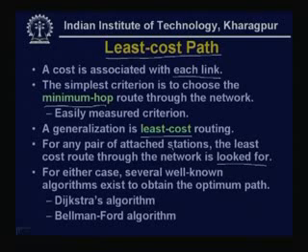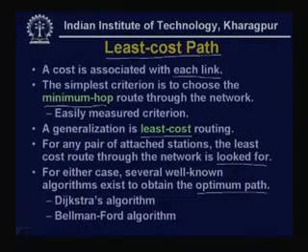For this, several well-known algorithms have been developed to obtain the optimal path. These two algorithms are very popular: Dijkstra's algorithm and the Bellman-Ford algorithm. These two algorithms are quite similar and their performance is also similar.